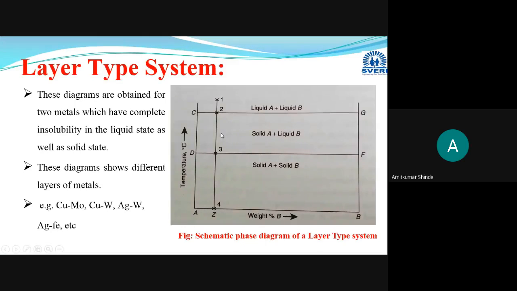But in the case of the eutectic system, you have to consider three different regions, or three different cooling curves, and explain the cooling of all three curves and show the microstructural changes also. And in the partial eutectic system, almost 4 or 5 cooling curves you have to consider and explain the microstructural changes. So it will take a little more time. That's why we will see that part in the next lecture.